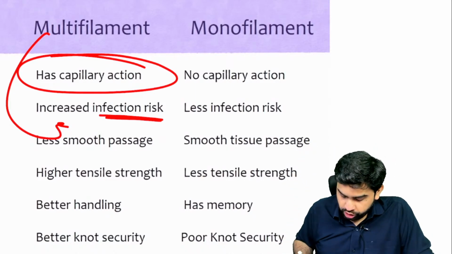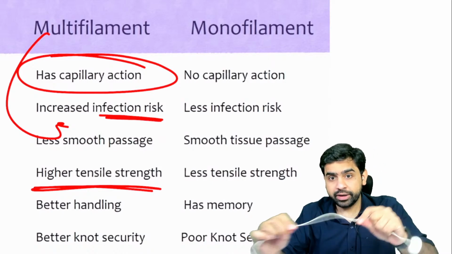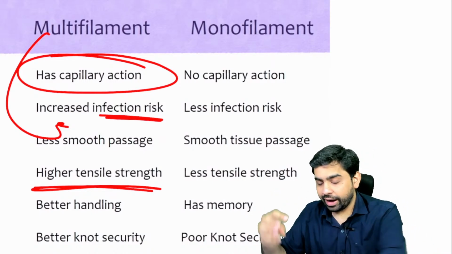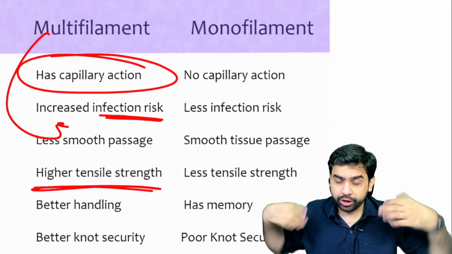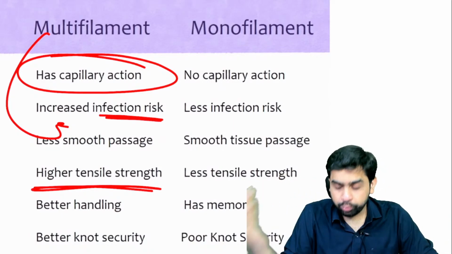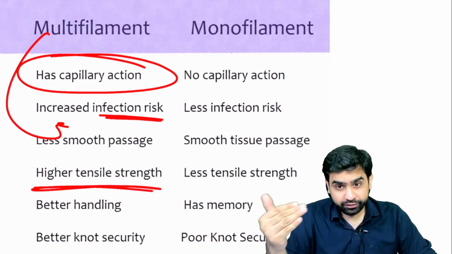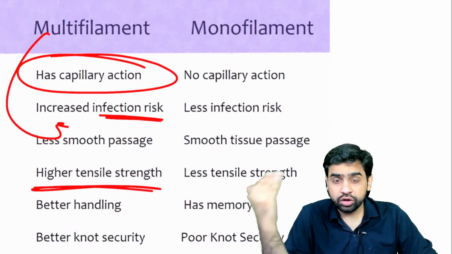What about the tensile strength? If you pull this suture tangentially, at what strength is it going to break? Obviously, with a multifilament suture, the tensile strength is going to be more. Then coming to the memory, the memory of the multifilament suture is less as compared to the monofilament suture.